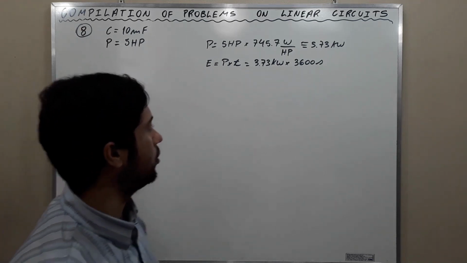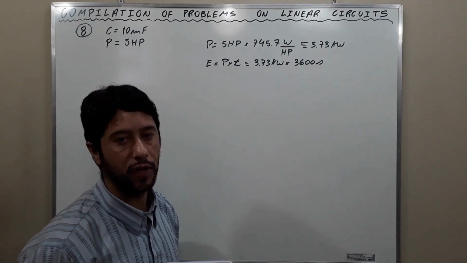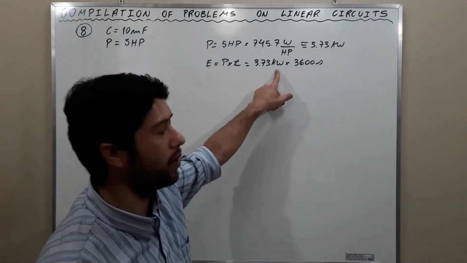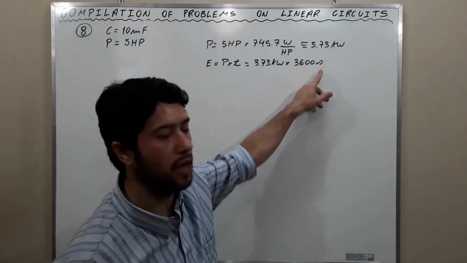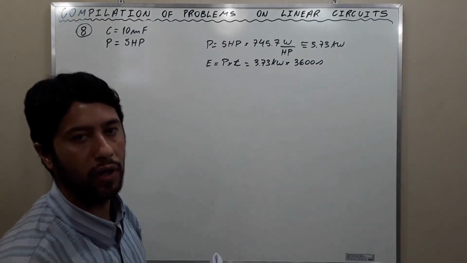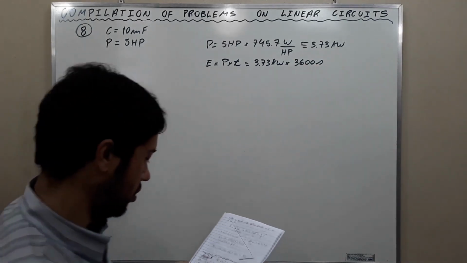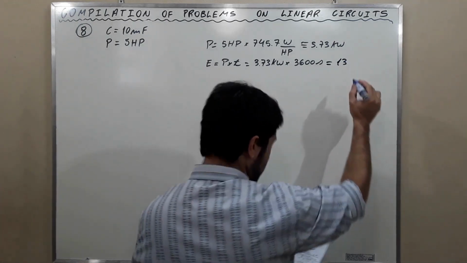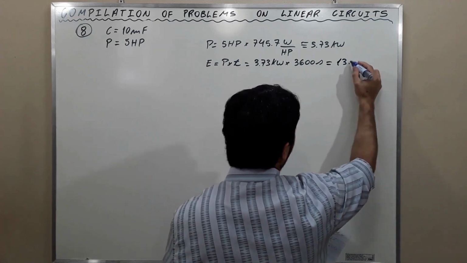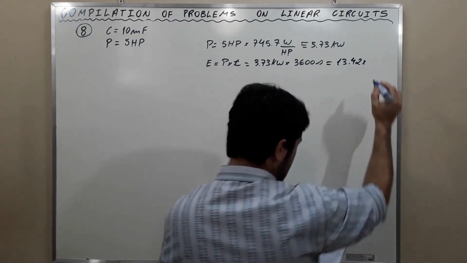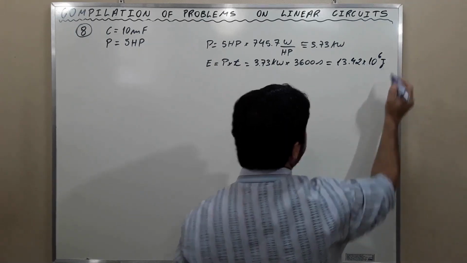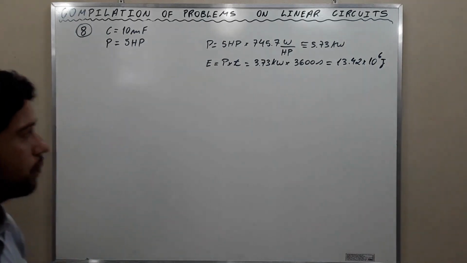And using the International System of Units, power in watts and time in seconds, we get joules. So this is equal to 13.42 times 10 to the 6th joules.